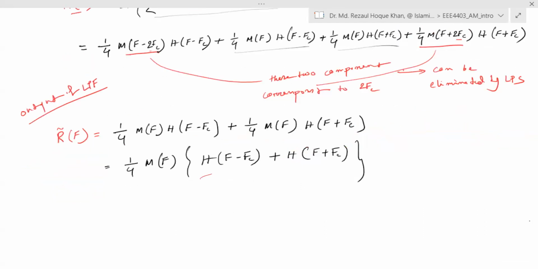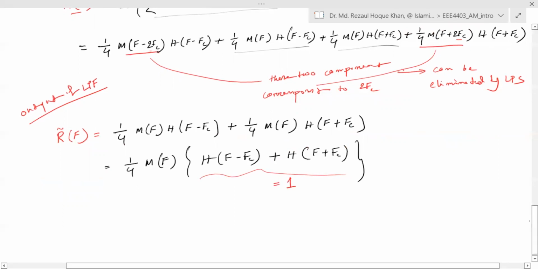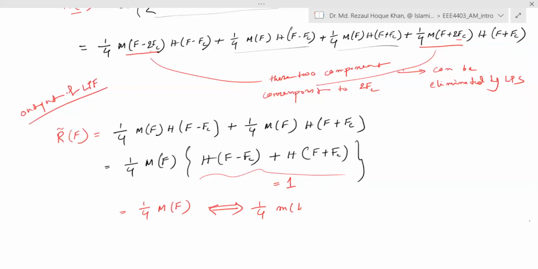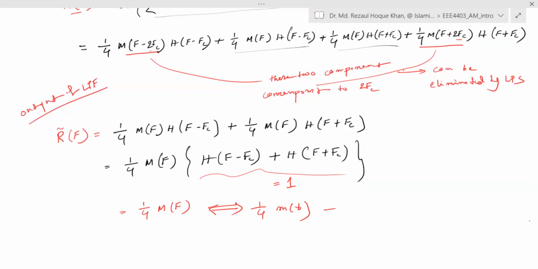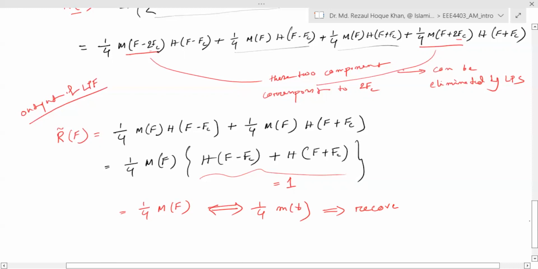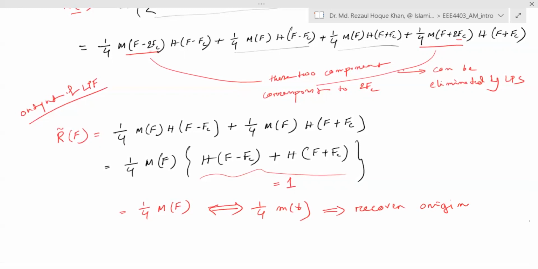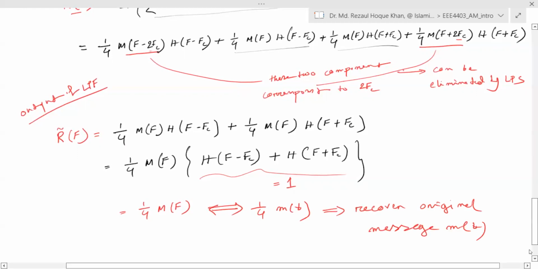Our aim is to make this portion, the filter response, equal to 1, so that if this becomes 1, then we actually convert it to our message signal, so this will be our mt. Okay, so this way we can actually recover the original message mt. So this is the way, right?